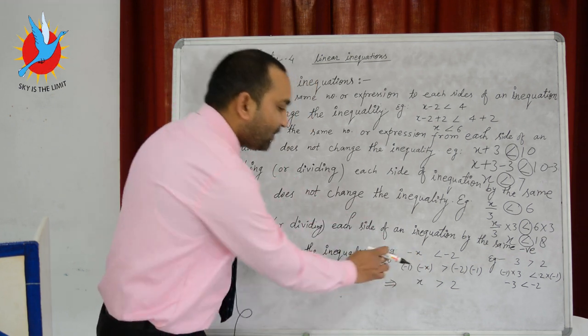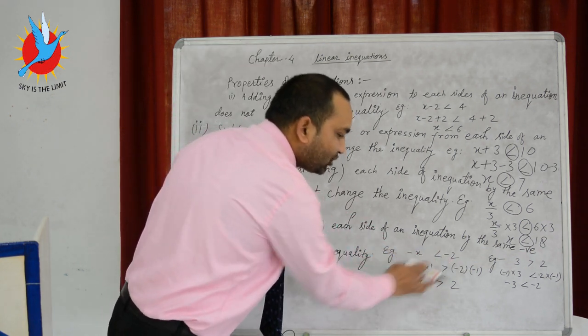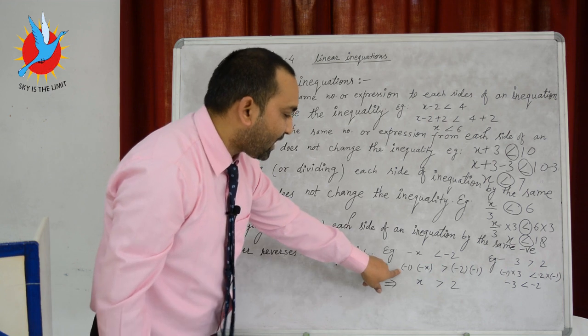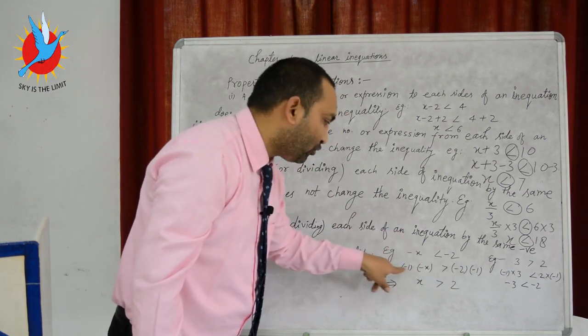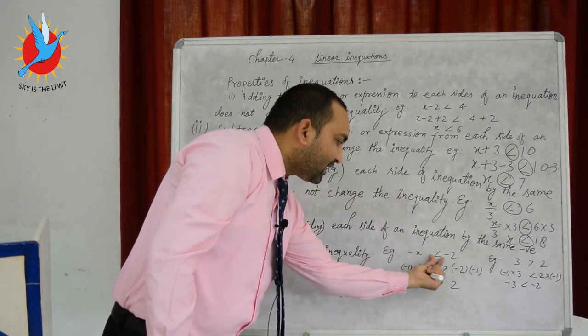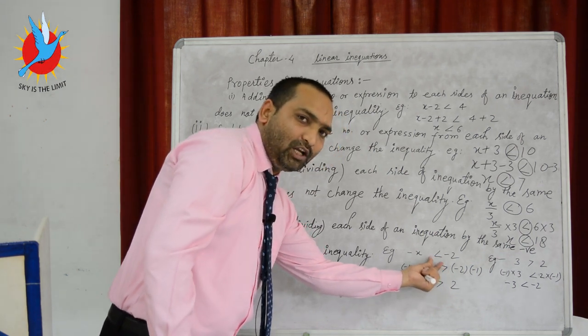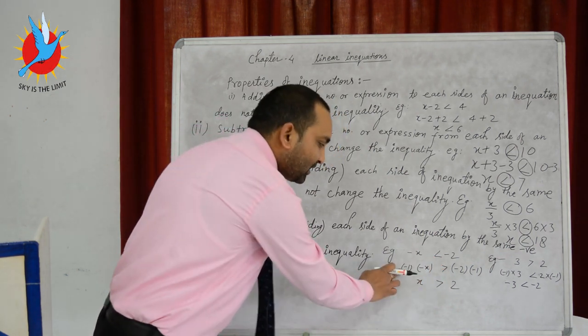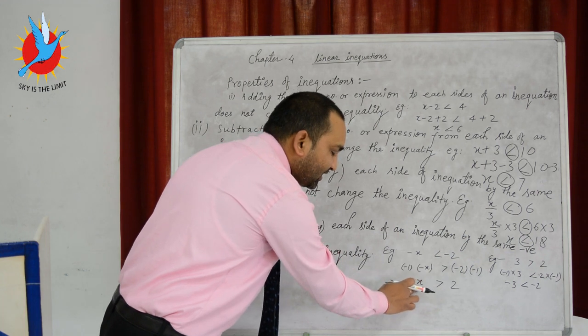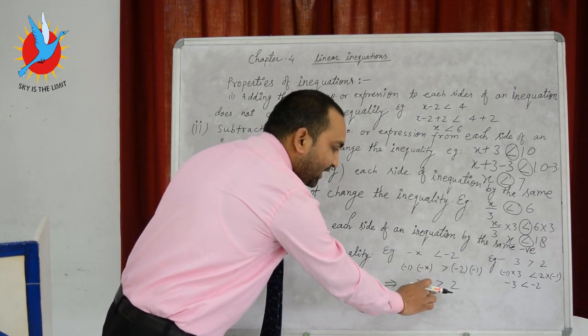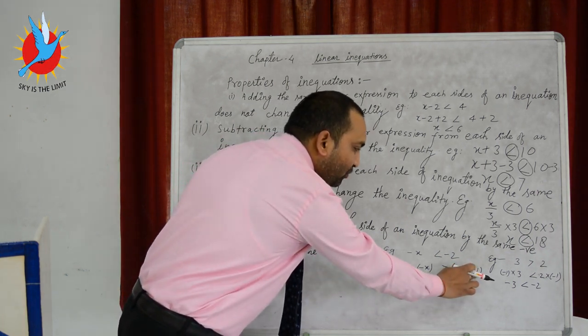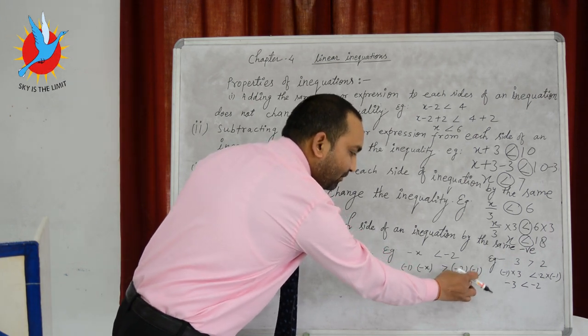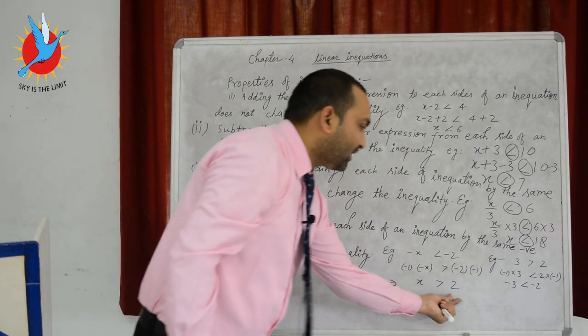For example, minus x is less than minus 2. Here we multiply by minus 1 on both sides, so less than becomes greater than. The inequality sign is reversed. Minus 1 into minus x is plus x, which is greater than minus 2 into minus 1, that is plus 2. So x is greater than 2.